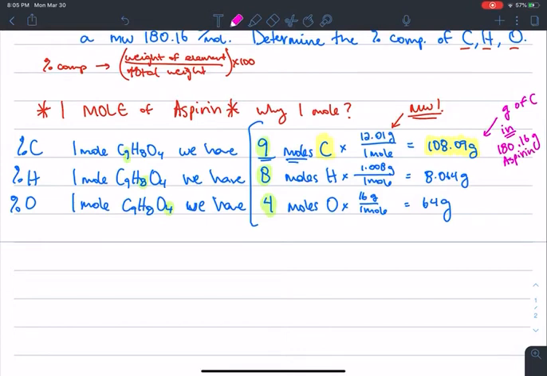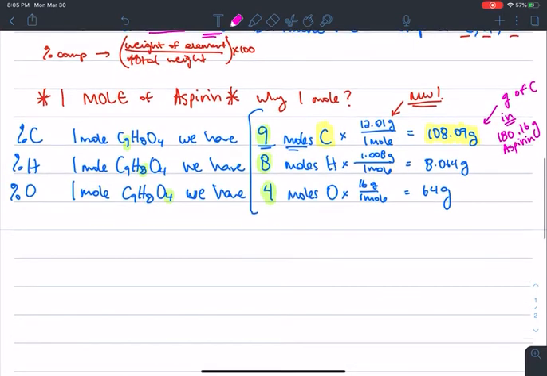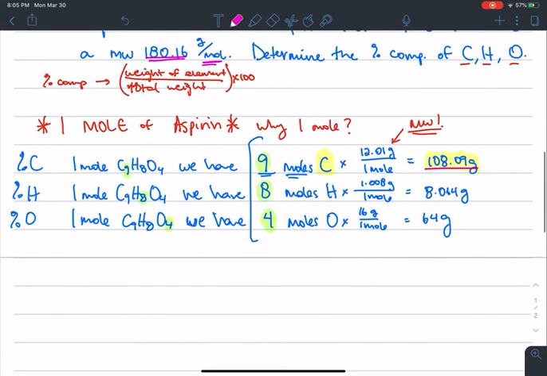Right? Because we know that 180.16 grams of aspirin is 1 mole. That's its molecular weight. So what we can do is divide these numbers by the total, the total being 180.16, and multiply that by 100. And so what you'll end up getting is we have 60% carbon.